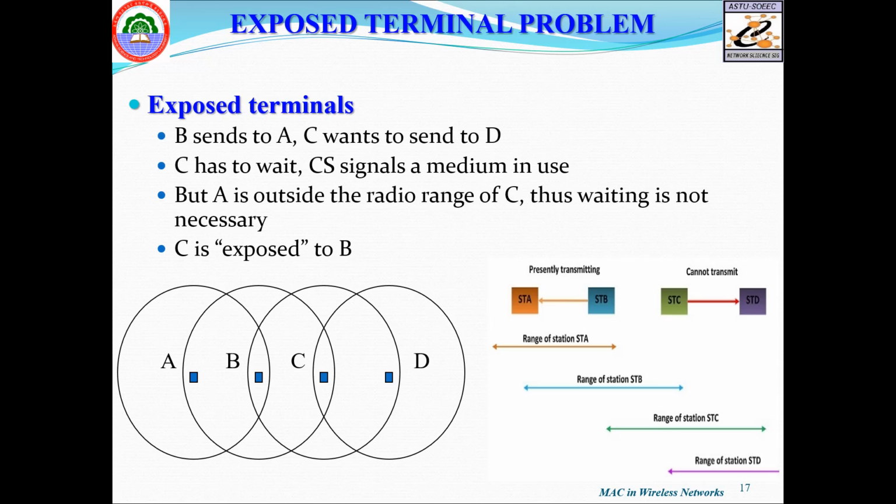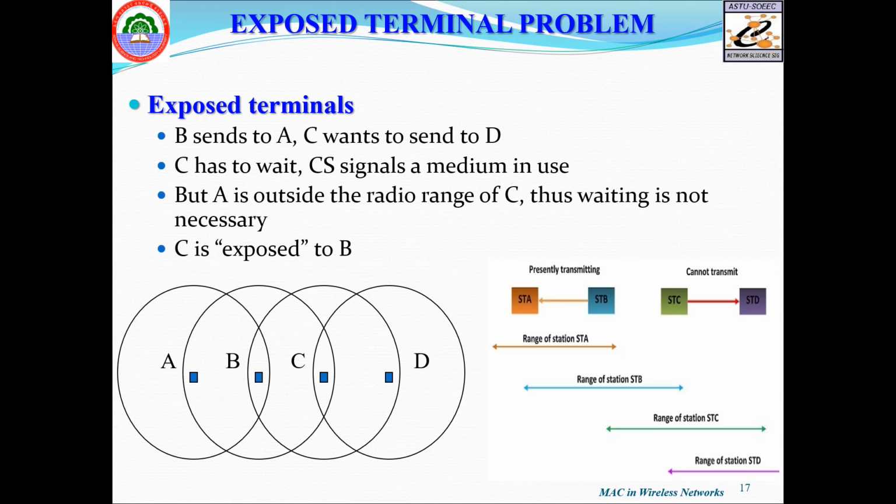And in the case of the exposed terminal problem, let us assume we have four stations, A, B, C, D. Station B as well as station C are transmitters, and station A and station D are the receivers at some particular slot of time.